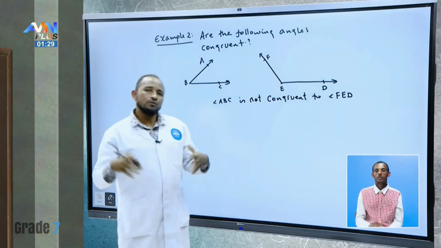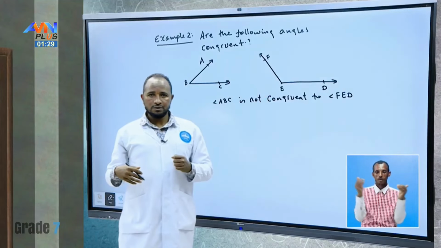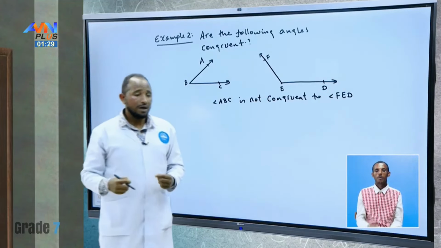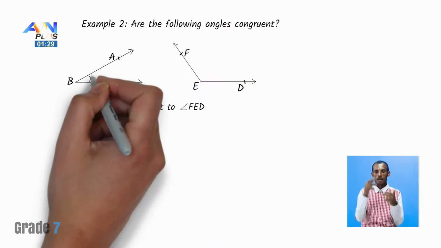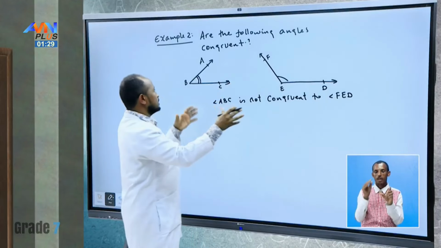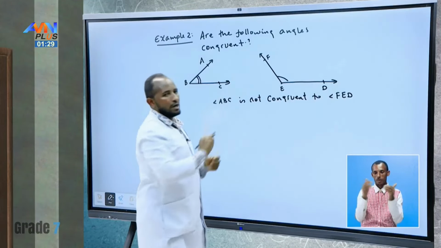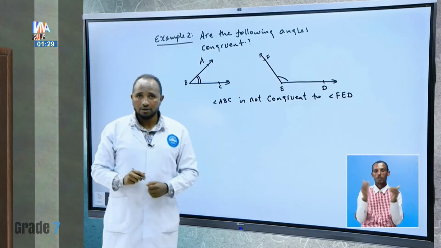When do we say that two angles are congruent? We say two angles are congruent if they have equal angle measure. If these two angles are congruent, one angle fits on the other. Therefore, in that case, we say the angles are congruent.